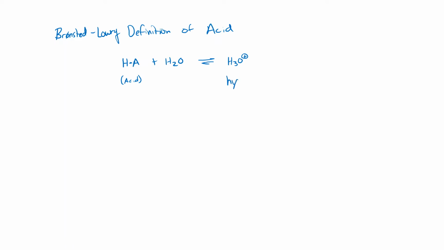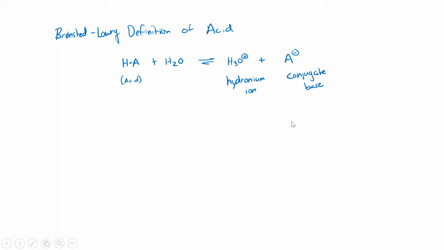This is called the hydronium ion. And you get A minus, right? So this acid has lost its hydrogen and has become negatively charged, and we call this the conjugate base. Right? So we have an acid, we have a conjugate base, we have water, and we have a hydronium ion.